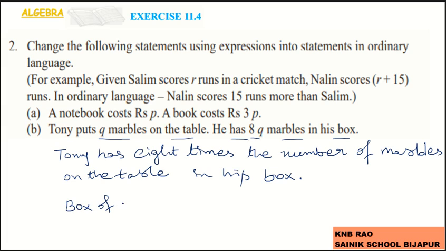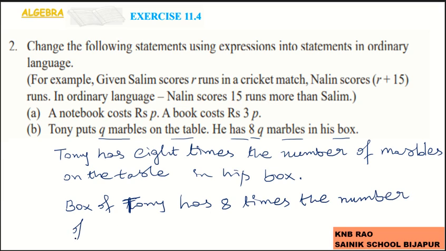Or if you want to make it a still simpler sentence: Box of Tony, it is a person, so we write a capital letter. Box of Tony has 8 times the number of marbles that are on the table.